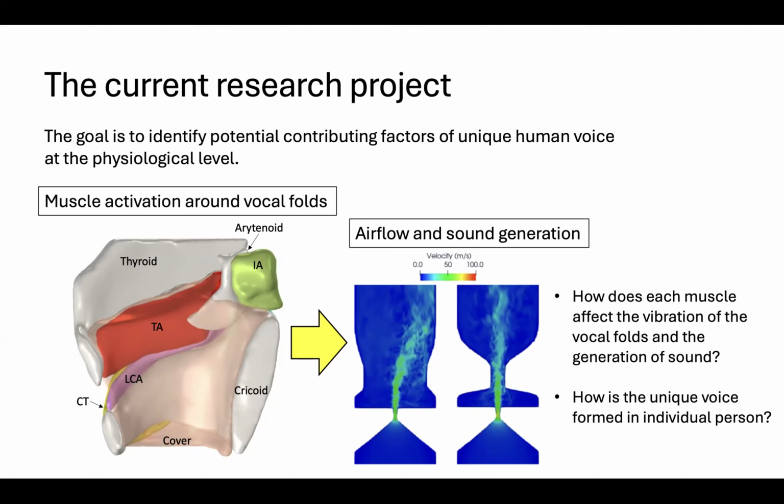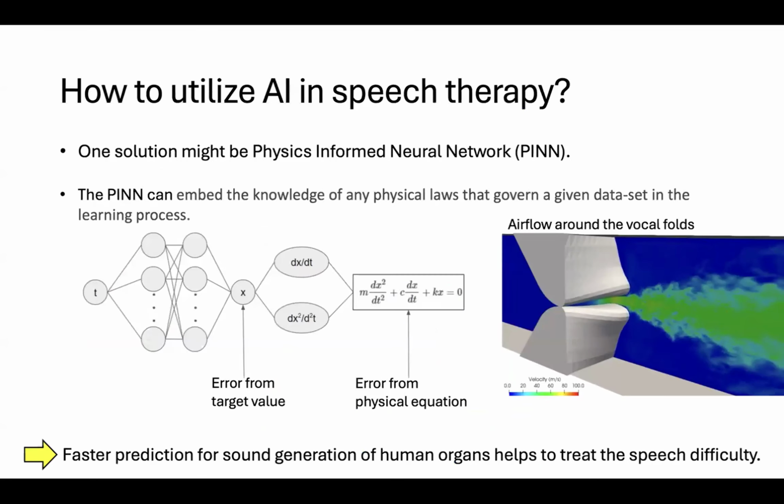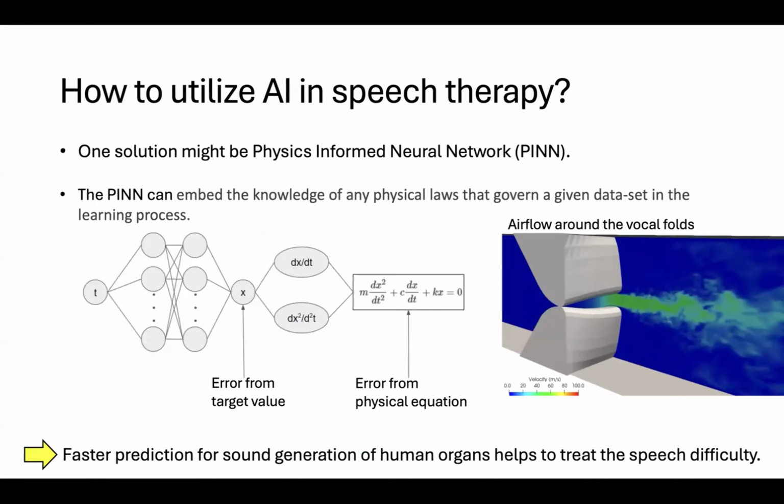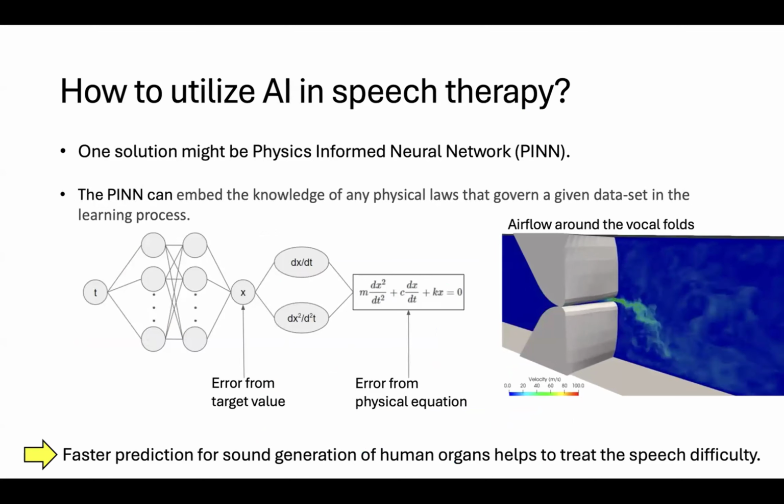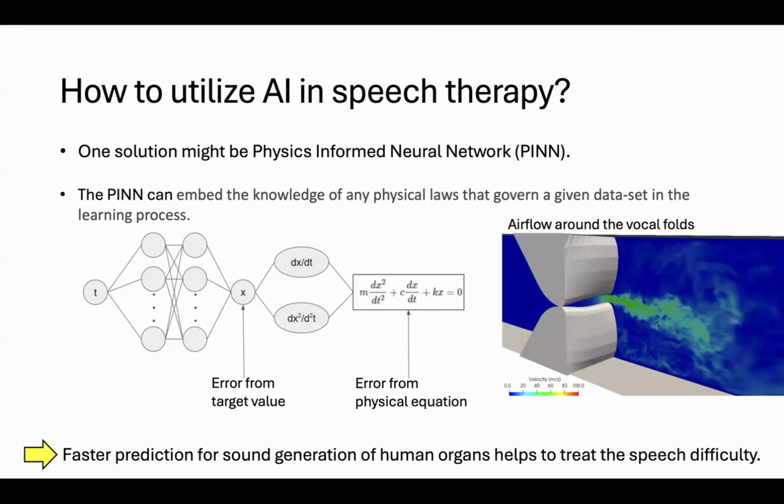However, one problem is that it still takes lots of time to simulate all phenomena with current computational technology. For this, AI can be used to predict the phenomena in a faster way. To describe the physical phenomena using machine learning, the physics-informed neural network, also known as PINN, has been proposed. The PINN can embed the knowledge of any physical laws that govern the given dataset in the machine learning process.